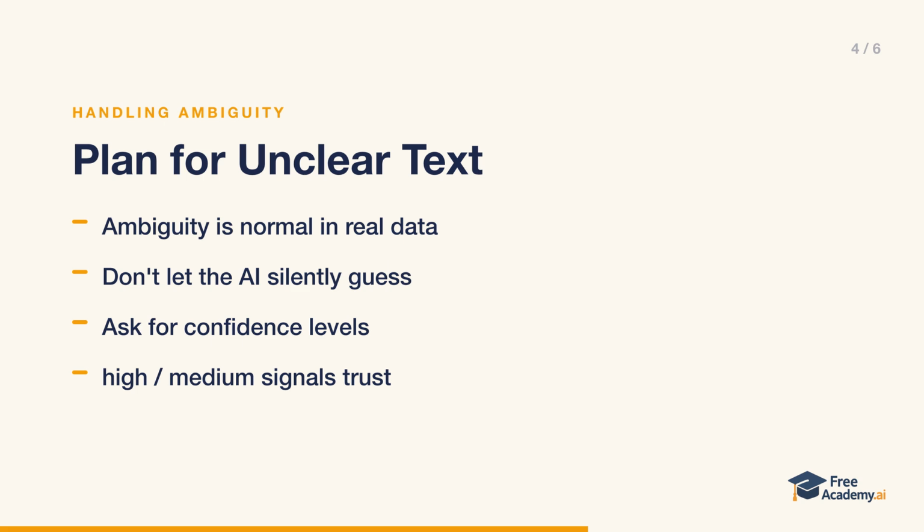So each contact comes back with a name, a location, whether it's headquarters, and a confidence value like high or medium. Now you can see not just what the AI extracted, but how sure it is. That transparency is huge because it tells you which fields you can trust and which ones deserve a second look before you rely on them.